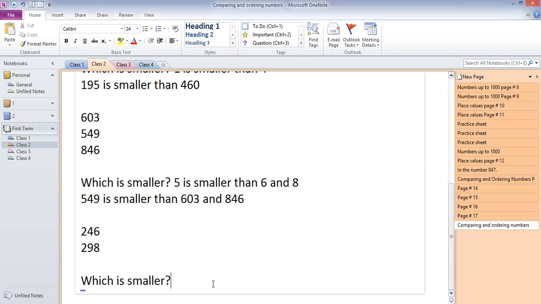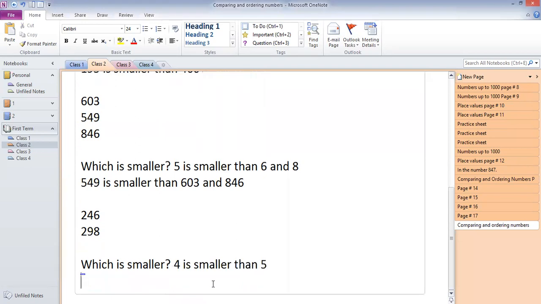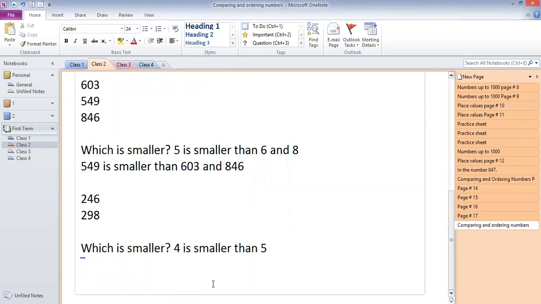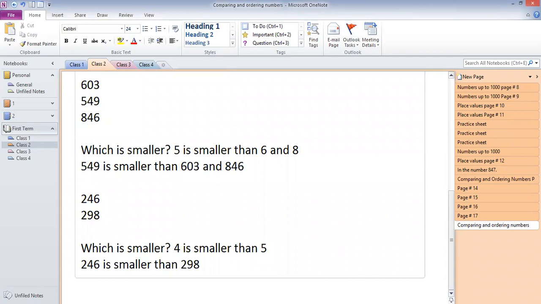So we will say that 4 is smaller than 9. You compare there the tens. That's why you can say that 246 will be smaller than 298, because on the tens, 4 is smaller than 9.